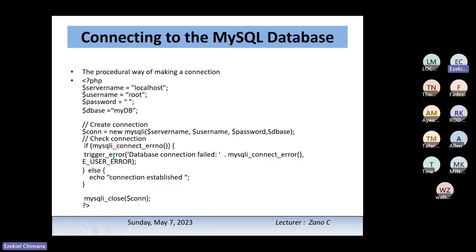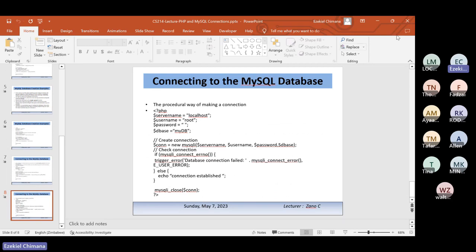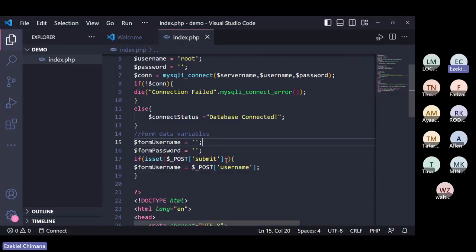Don't think we need much here. I'm sure you can always read along these things, but otherwise, this is what I wanted you to actually grasp and understand. So normally that's how you connect to the database.